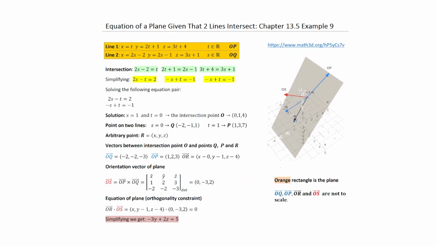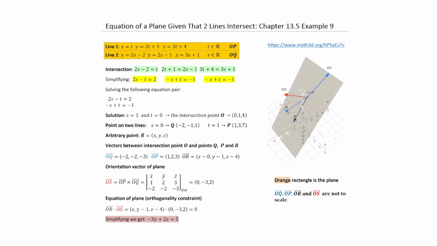So now what we need to do is produce two additional points, one on each line, so that we can generate a vector between the intersection point and an arbitrary point on line OP and an arbitrary point on line OQ. And so we just choose an arbitrary value for s, in this case 0, substitute, and we end up with a point Q, minus 2, minus 1, 1.